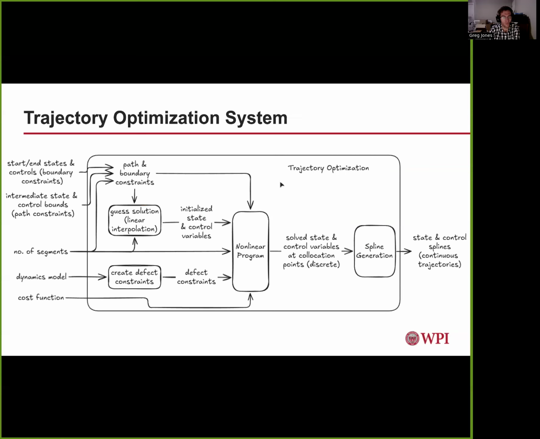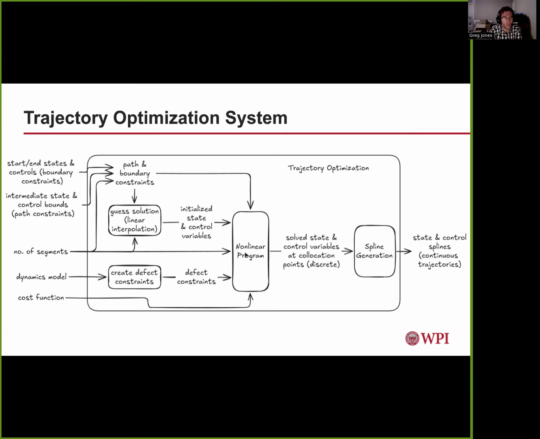So just putting this all together into the trajectory optimization system, taking all the constraints, so the start and end states, the boundary constraints, then the path constraints, and the defect constraint from the dynamics model. Those all create the constraints for the nonlinear program.